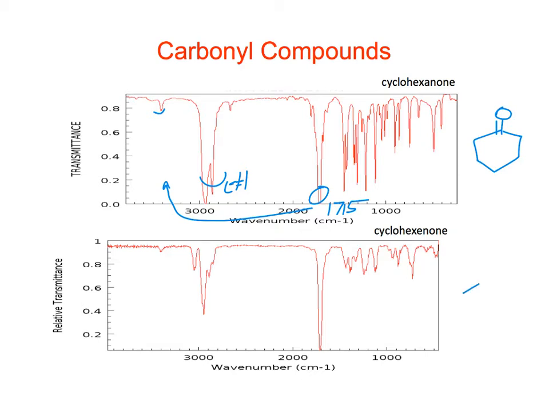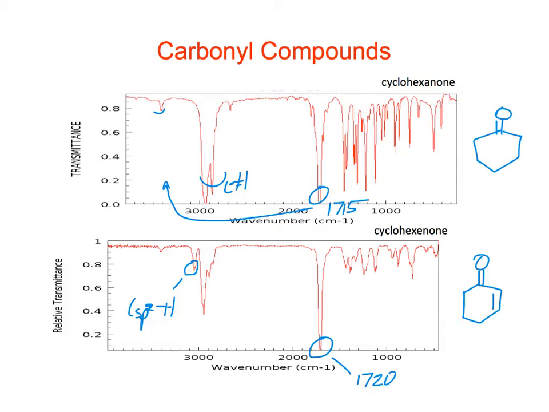Okay, the next one is cyclohexenone. All right, and so we see the sp2 carbon hydrogen stretch. I think they look almost the same here, but I think this is supposed to be at just about 1720.